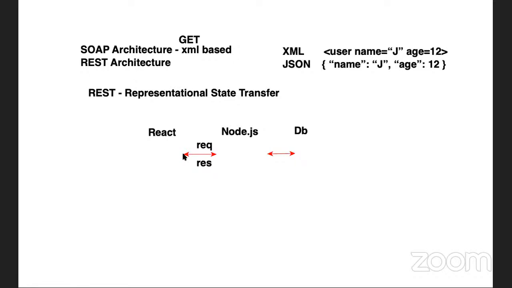Node.js does not know what this response is, where this response went, right? What we are doing is we are just taking the response and putting it in React, right? So I created a request over here, get items, let's say. I created this request and I got a list of items as a response.